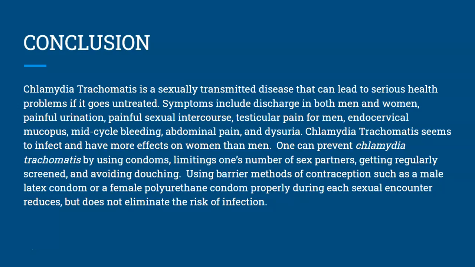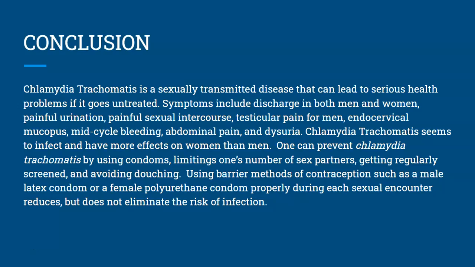So in conclusion, Chlamydia trachomatis is a sexually transmitted disease that can lead to serious health problems if it goes untreated. That's why it is important to get regularly screened. Symptoms include discharge in both men and women, painful urination, painful sexual intercourse, testicular pain in men, endocervical mucopus, mid-cycle bleeding, abdominal pain, and dysuria.